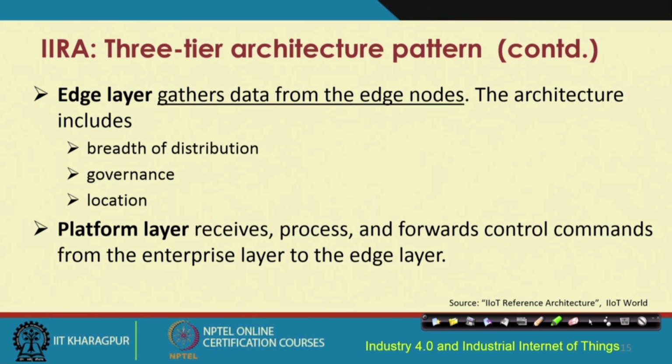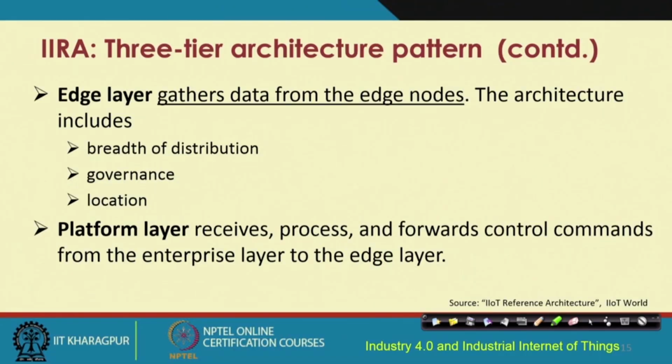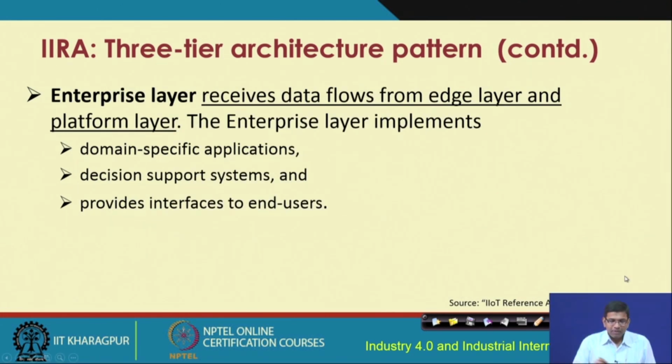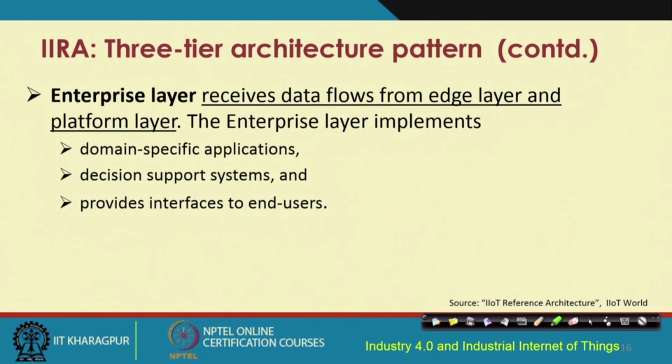The platform layer is concerned with receiving, processing and forwarding control commands from the enterprise layer to the edge layer. And finally, the enterprise layer is concerned with receiving data flows from the edge layer and the platform layer. The enterprise layer could receive the data directly from the edge layer, or from the platform layer, which again receives the data from the edge layer. The enterprise layer implements domain-specific requirements, decision support systems and other requirements such as interfaces to end users.